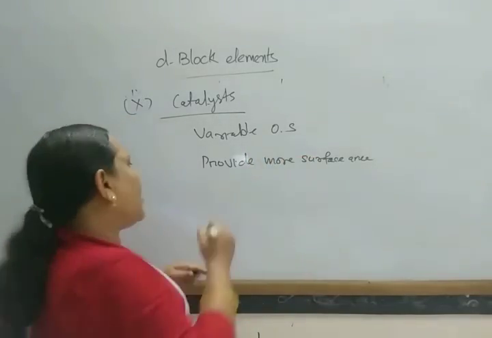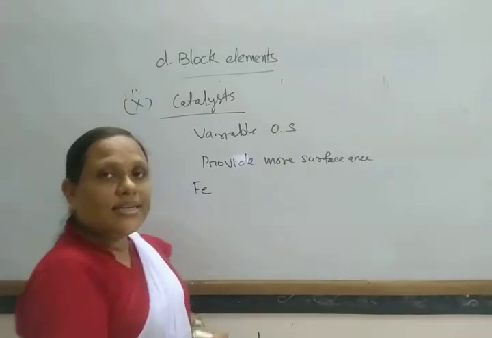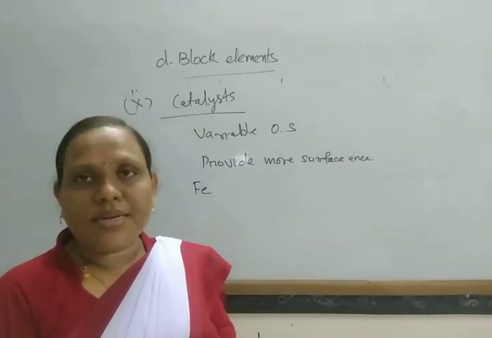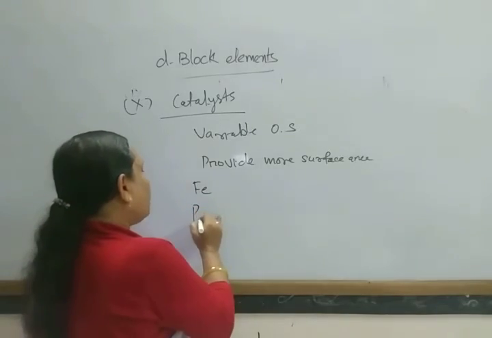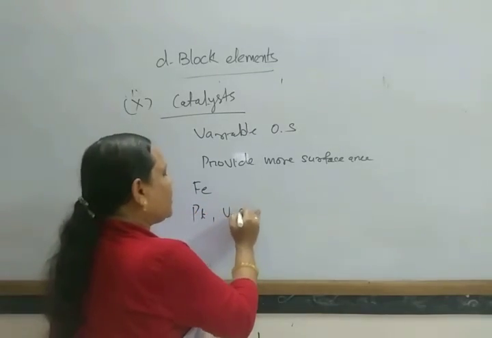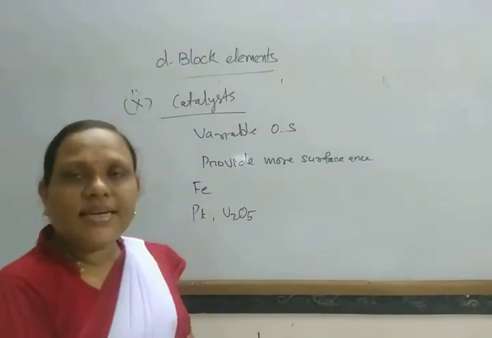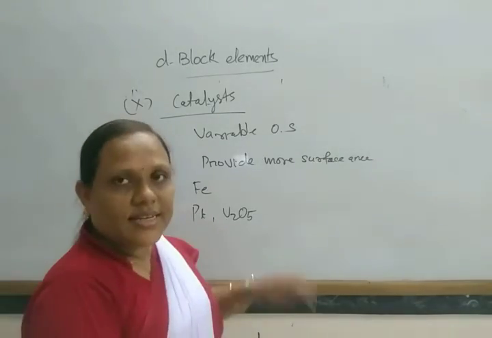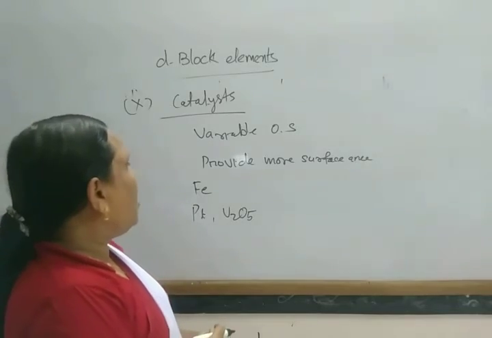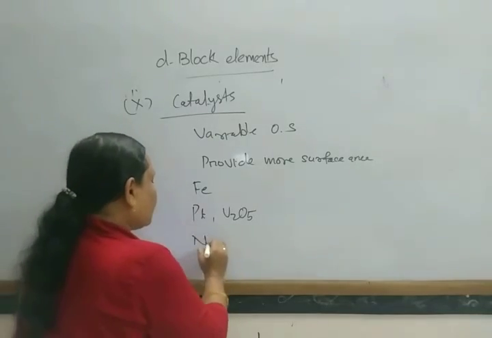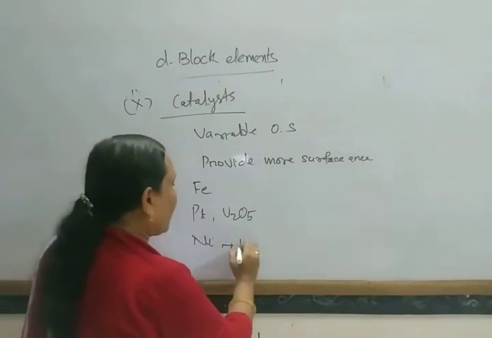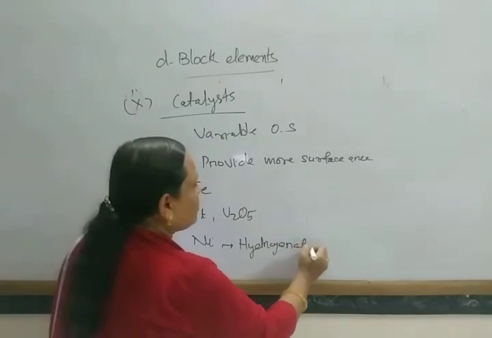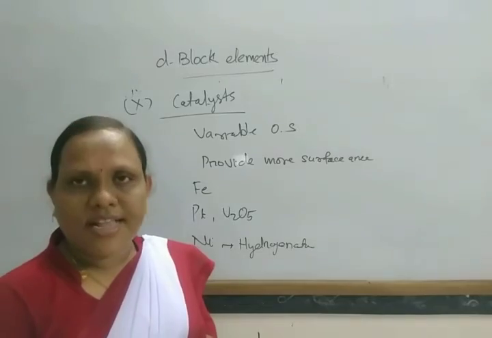For example, iron is used as a catalyst in Haber's process for synthesis of ammonia. Similarly, platinum and vanadium pentoxide are used as catalysts in the contact process for preparation of sulfuric acid. And nickel is used as a catalyst for hydrogenation of hydrocarbons or oils.